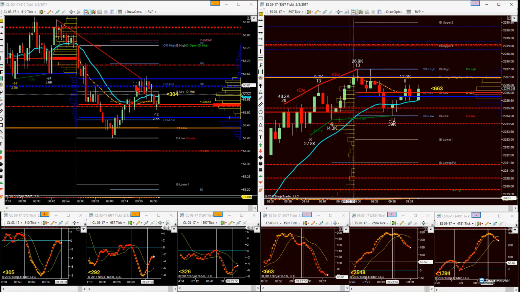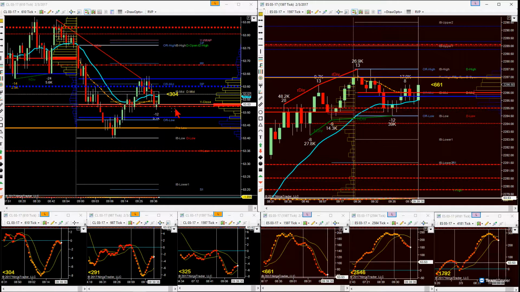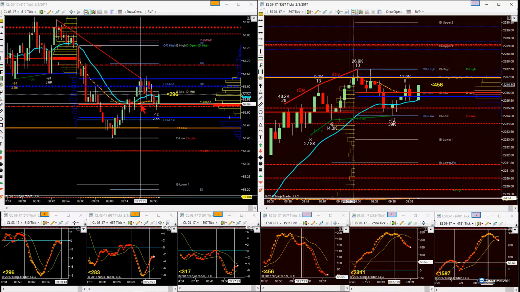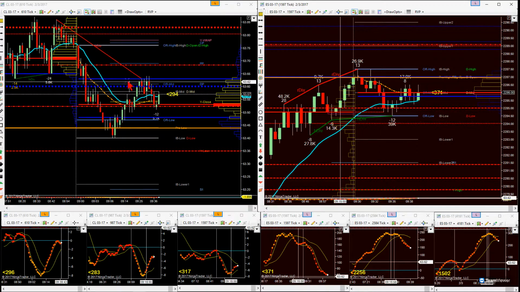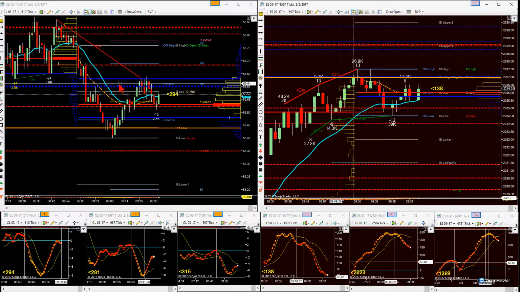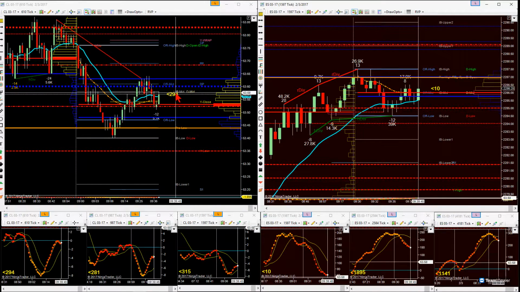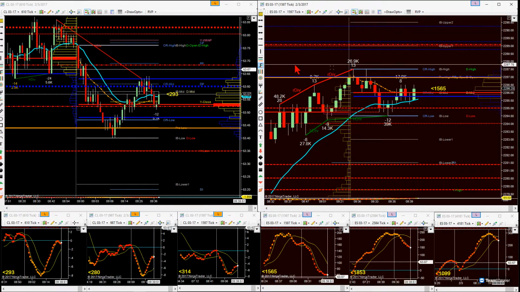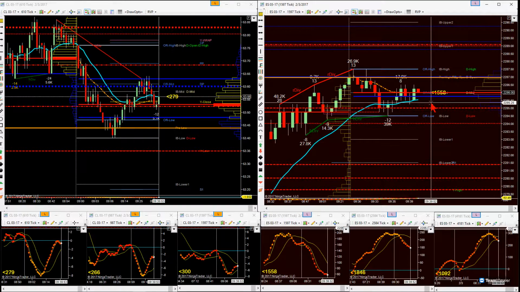So far, oil has continued to hold this area here. Both of them now, S&P and oil, just kind of standing still.